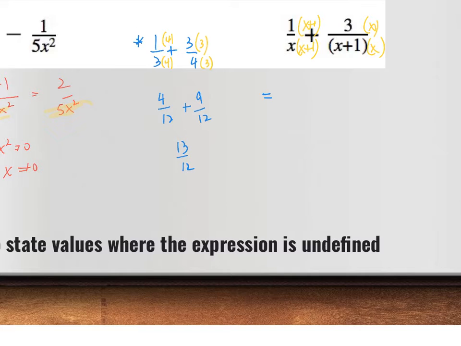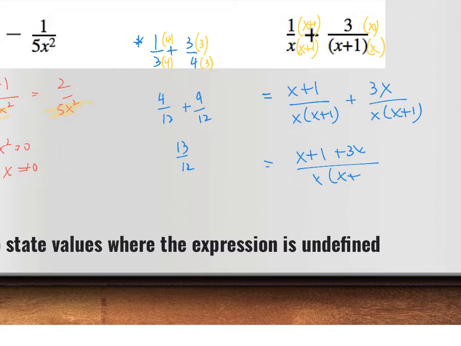So rewriting that, I get x plus 1 over x times x plus 1, plus 3x over x times x plus 1. Combining that, I get x plus 1 plus 3x all over x times x plus 1. Simplifying, I get 4x plus 1 over x times x plus 1.